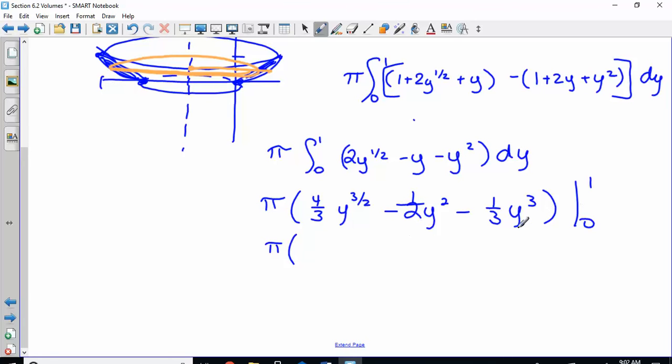If I plug in a 1, we get 4/3 minus 1/2 minus 1/3. Minus, if you plug in a 0, we just get 0. 4/3 minus 1/3 is 1. 1 minus 1/2 is 1/2. So you just have pi times 1/2.